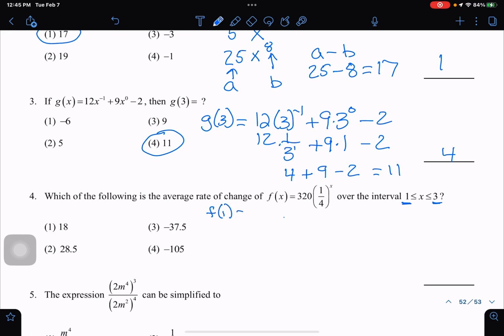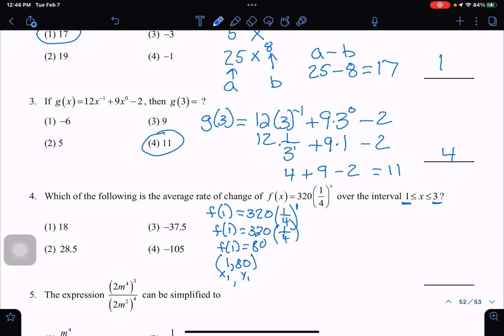So f of 1 is equal to 320 times 1/4 raised to the 1 power, which is 80. So f of 1 is 80. All right, so we have the point 1 comma 80. And we could say that that's x1 and y1.